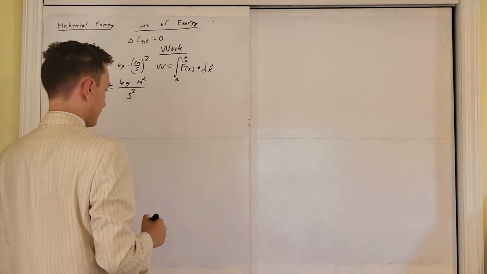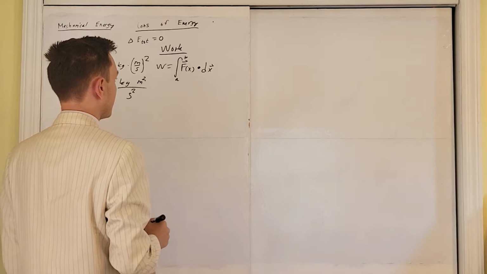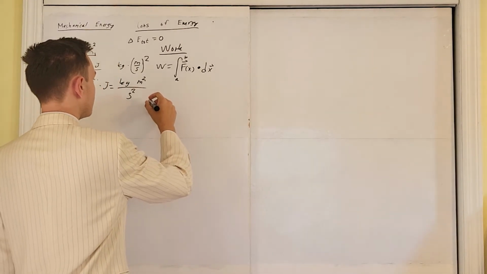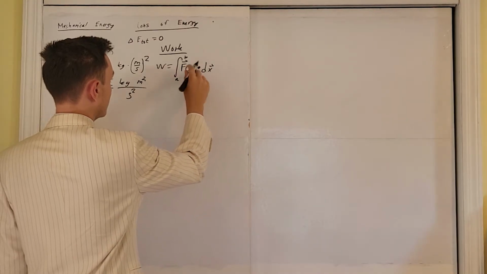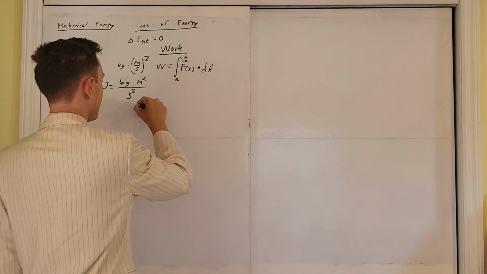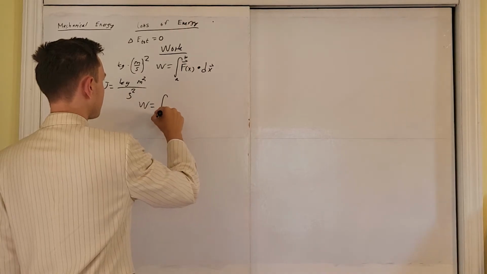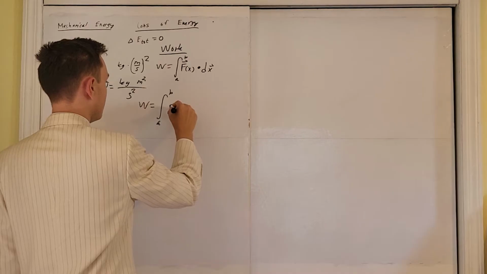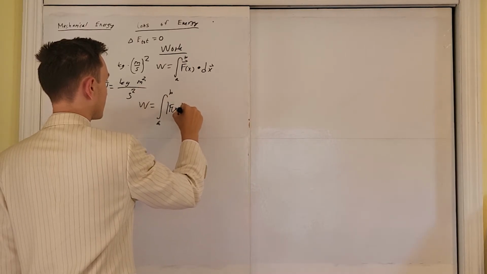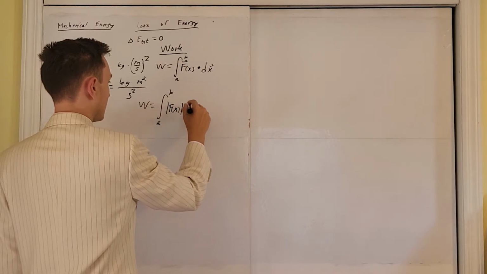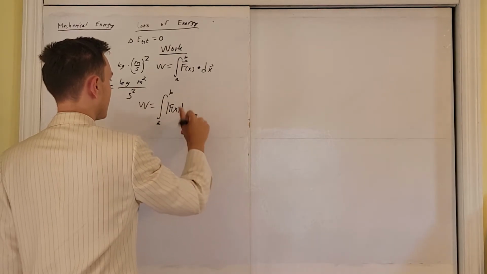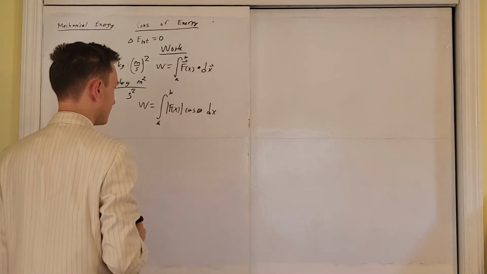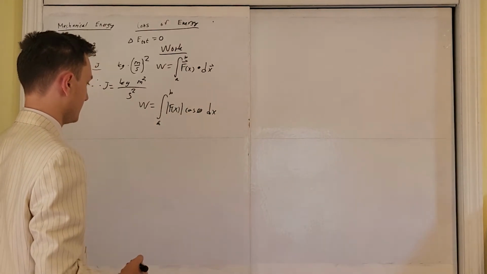The importance of the dot product is that there is another term that it signifies, okay? So we can rewrite this integral, if we don't want to deal with the messy dot product, as the work done is equal to our definite integral from a to b of the magnitude of the force function multiplied by the cosine of theta dx. Okay, so what does this equation mean?